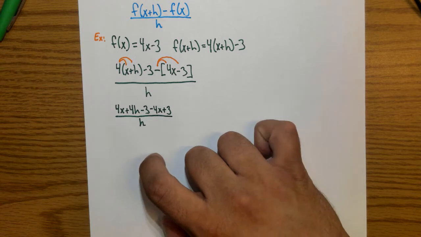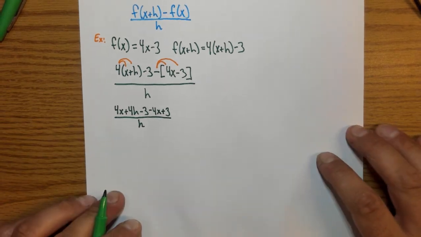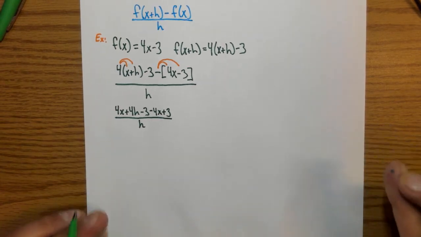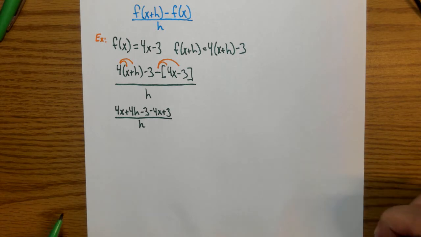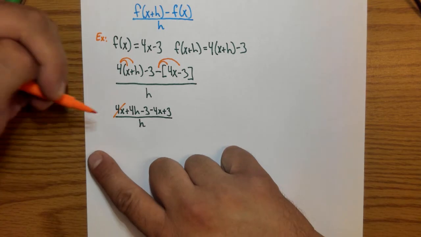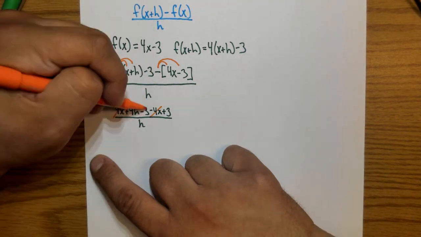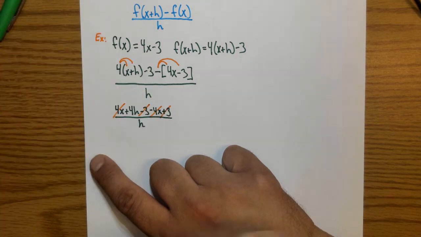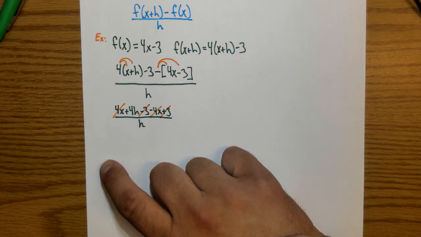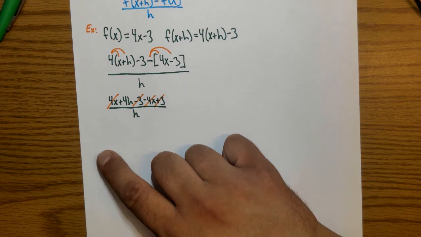Now, the nice thing about this is that we have a lot of stuff that cancels out. And that's one of the beautiful things about the difference quotient. Notice that we have 4x and a minus 4x, so those cancel. And we have a negative 3 and a positive 3, so those cancel. Well, what do we have left here?